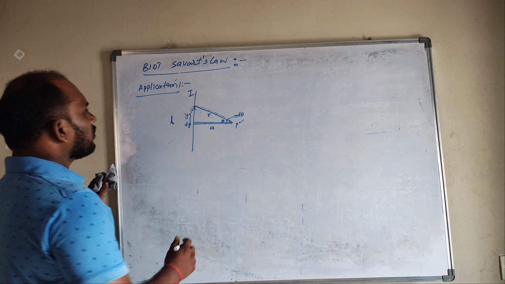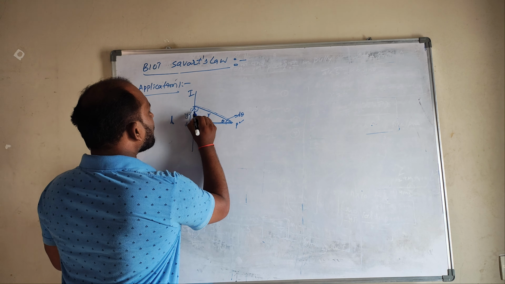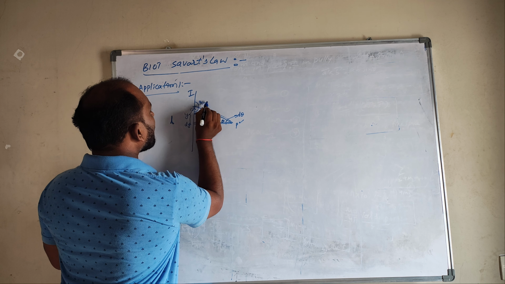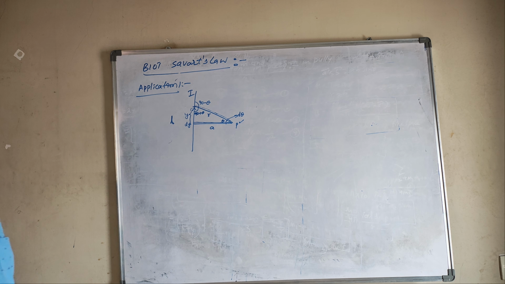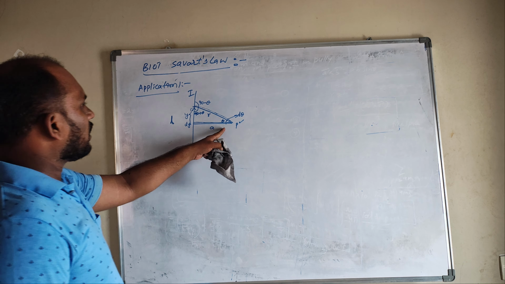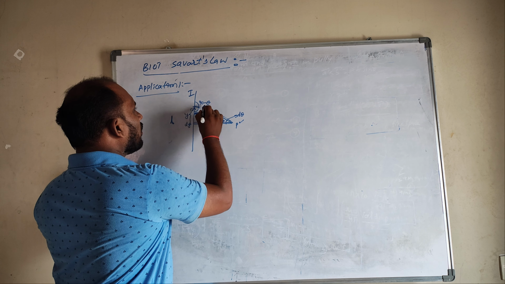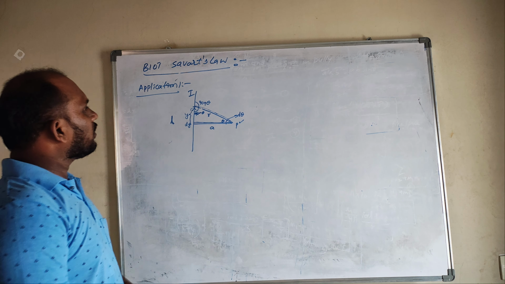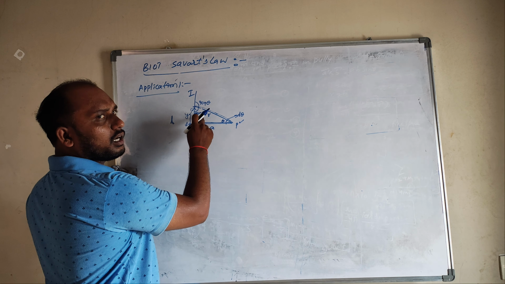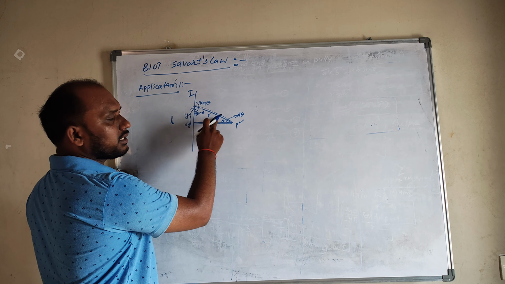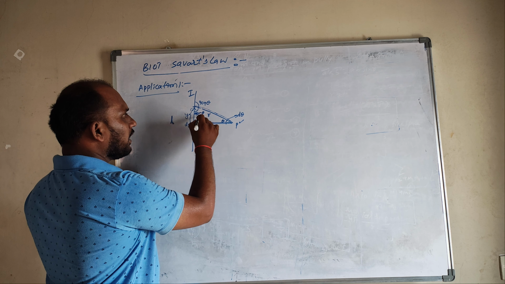Now everybody knows this is 90, this becomes 90 plus theta, and this becomes 90 minus theta. Why? Because this is a plane angle. Let's see, this is a right angle triangle. So 90 plus 90 is 180, and minus theta plus theta cancel, so you get 180, the plane angle.